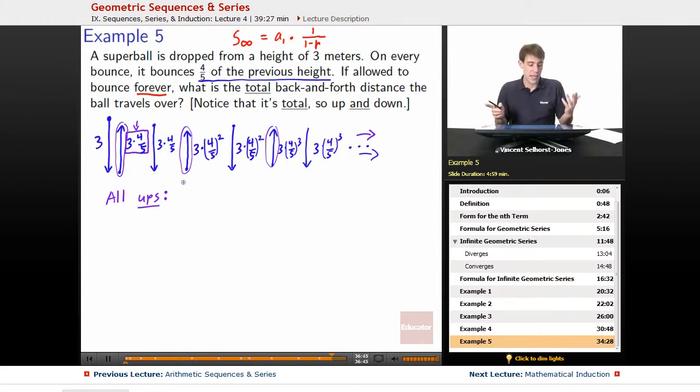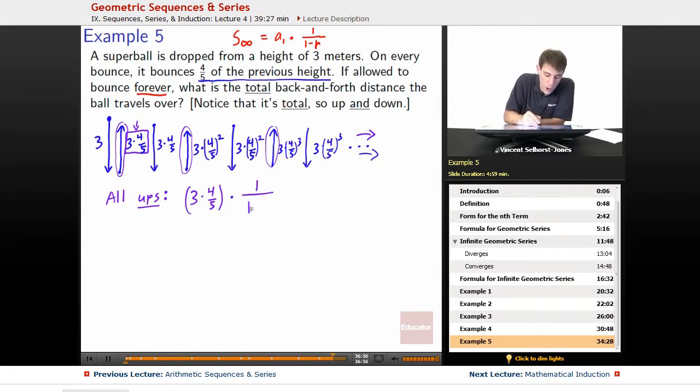So all ups is going to be 3 times 4/5 as our first value, and then that's going to be times 1 over 1 minus the rate. What's the rate? 4/5, because it goes up to 4/5 of its previous height on every bounce. So the rate for the next one will be 4/5 of that, then 4/5 of that, then 4/5 of that. Notice there was one other requirement on being able to use this. The absolute value of our rate must be less than 1, but since it's 4/5, that checks out.